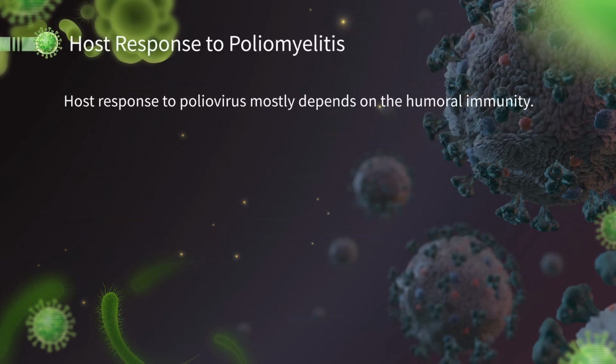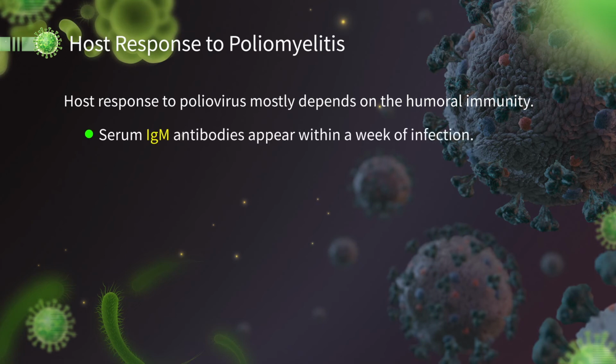Host response to poliovirus mostly depends on humoral immunity. Both the serum and the secretory antibodies play an important role in providing protection against poliomyelitis. Serum IgM antibodies appear within a week of infection.